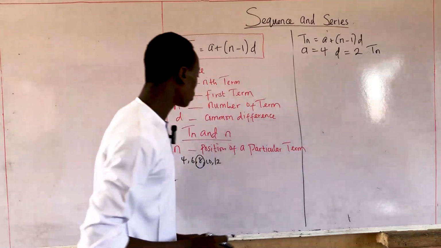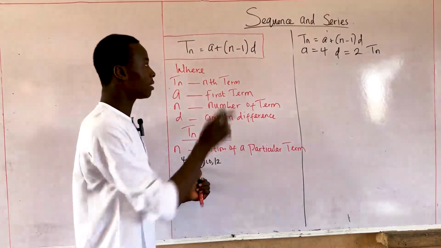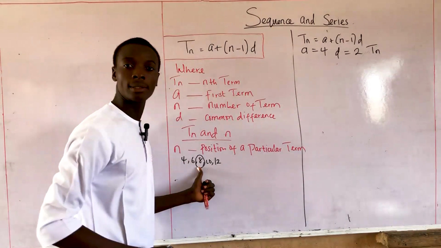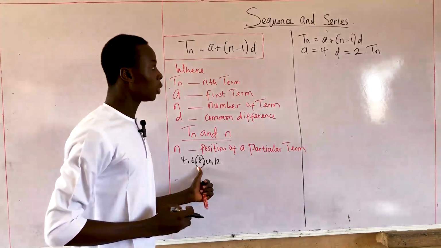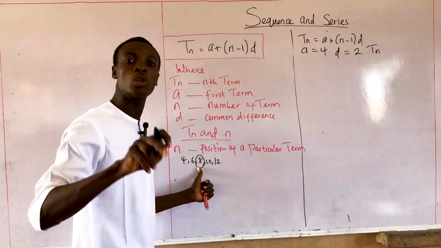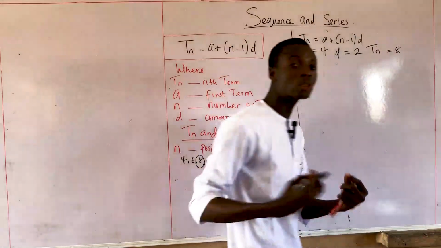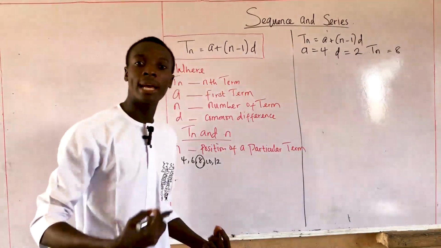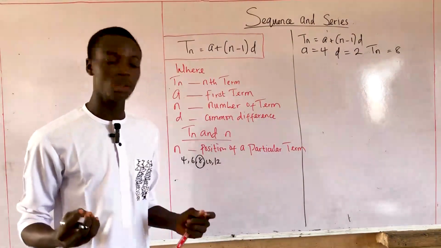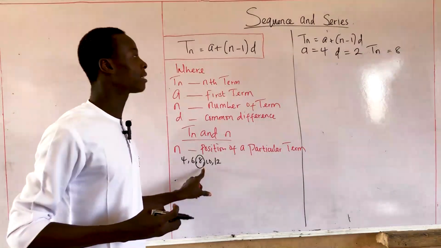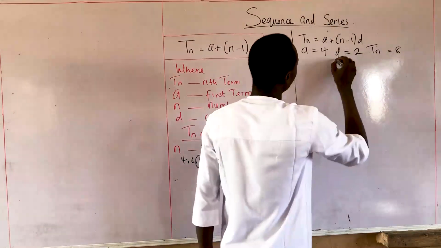Since we want to find the position of this term, Tn will be equals to 8. So Tn will be equals to the term we want to find the position of. So Tn is equals to 8. Let's solve this. Maybe we are going to get n is equals to 3, which is the position of this term. So solution.